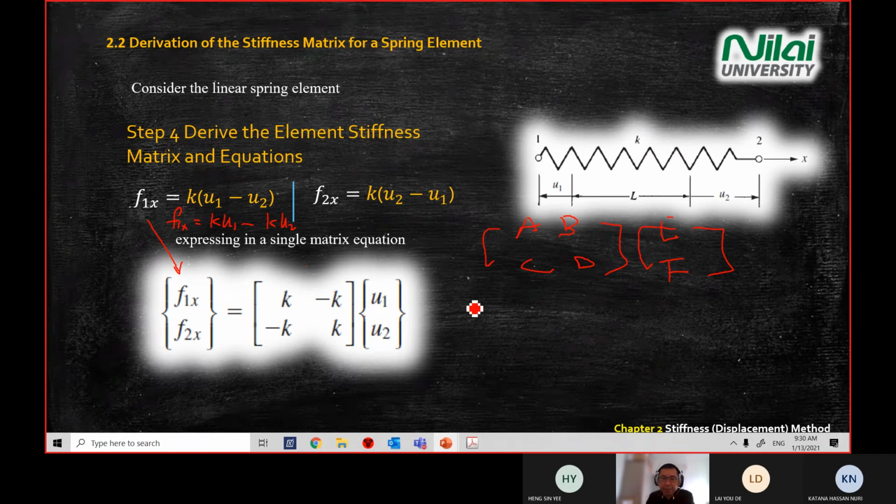The first step is that you take A times E, plus you jump to the next step, B times F. This is step number 2. So you get the first equation: AE plus BF.